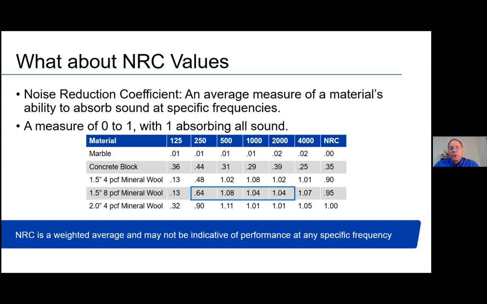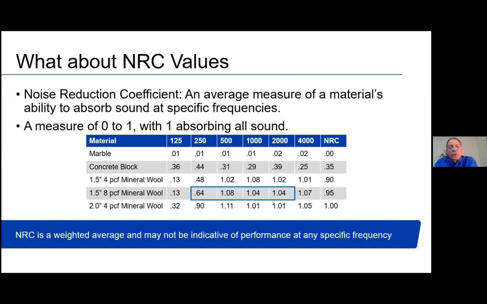And so while you may have a product like is highlighted in this table, a 1.5 inch, 8-pound mineral wool that has an excellent noise reduction coefficient of 0.95, it's important to look at its noise reduction capabilities at each individual frequency octave, because if all of your noise is at 125 hertz, that material only has a noise reduction performance of 0.13 on a scale of 0 to 1.